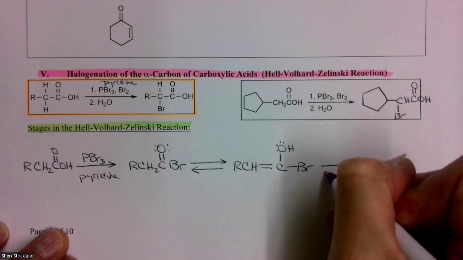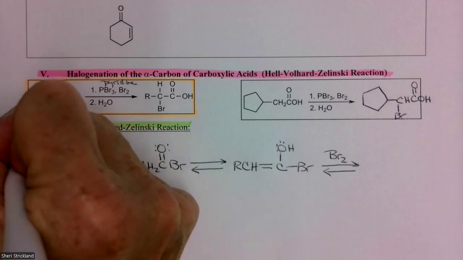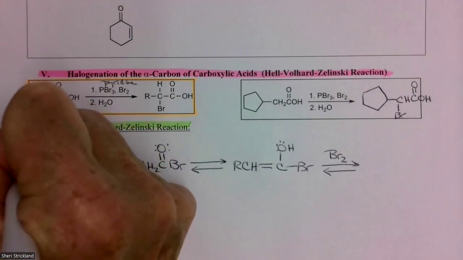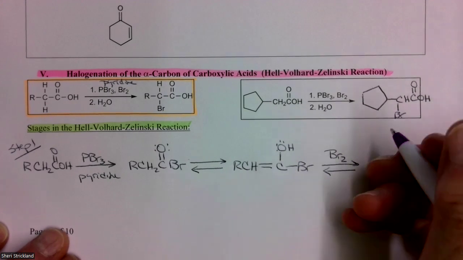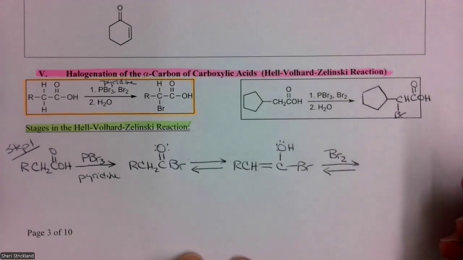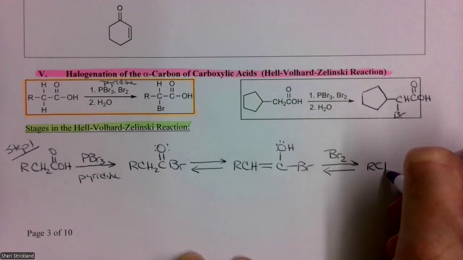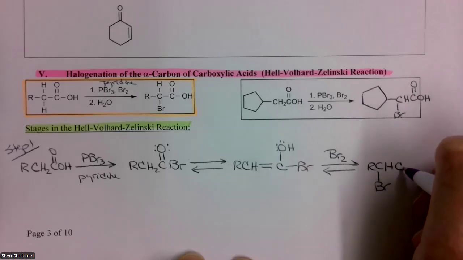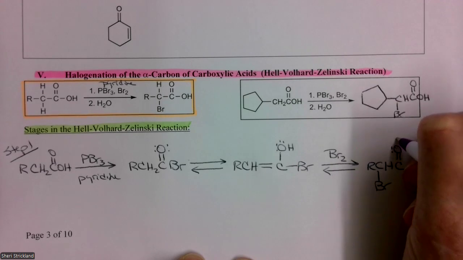When this reacts with Br2, and we're still in step 1, then you get an electrophile adds right there. And now we've got bromines in a couple of different places.